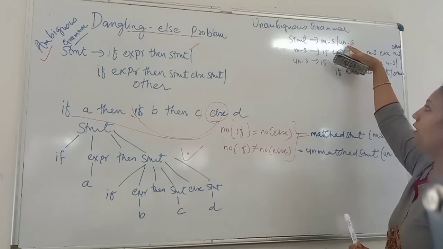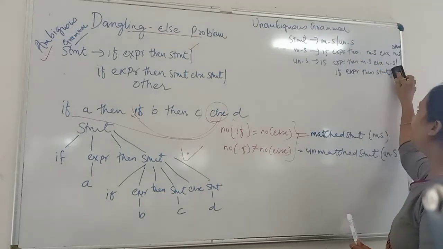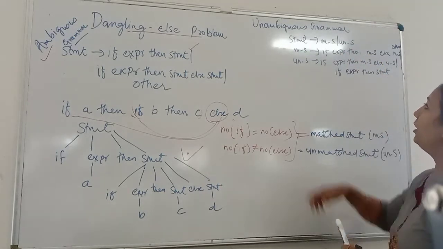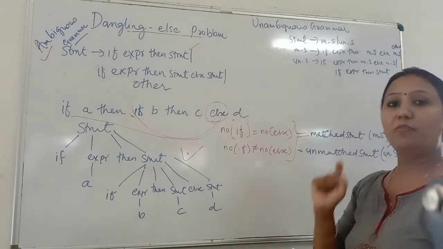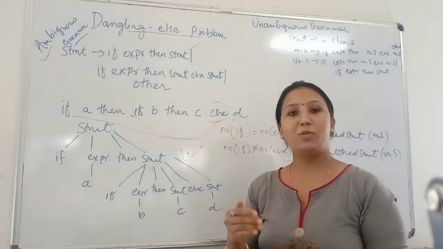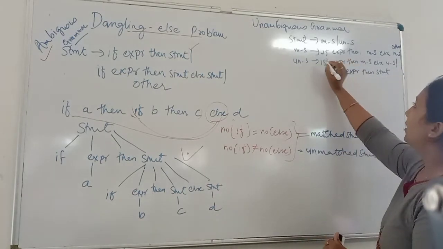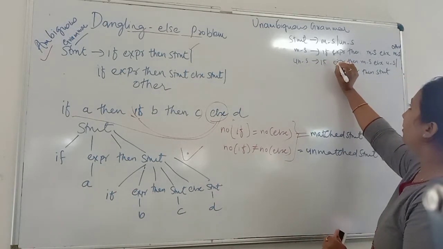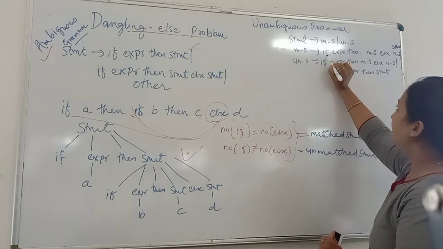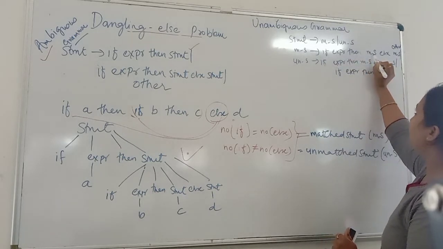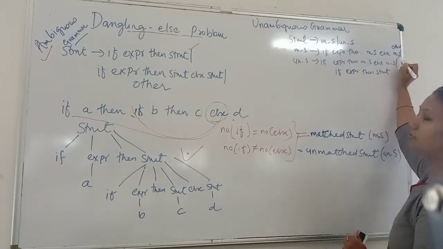Now we have to think about what else can be there in a match statement. A match statement is one where the number of if is equal to the number of else. So we can say a match statement can be if expression, then match statement, else match statement.